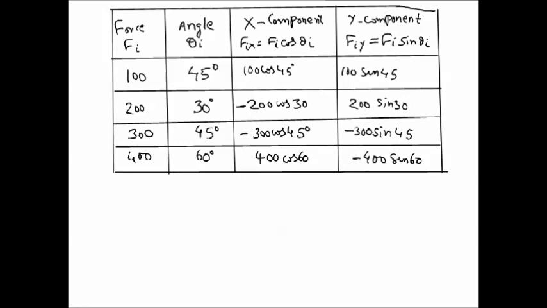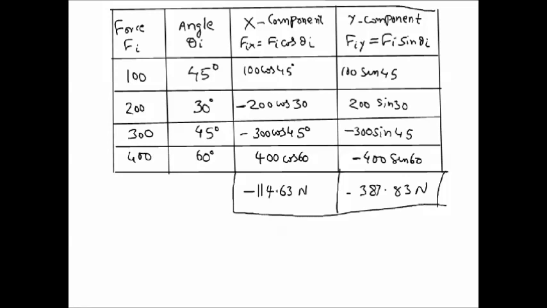Then we sum up the x components and y components. If you substitute these and punch the numbers into a calculator, you'll find the sum of x components to be 114.63 newtons, and the sum of all the y components comes out to be minus 387.83 newtons.